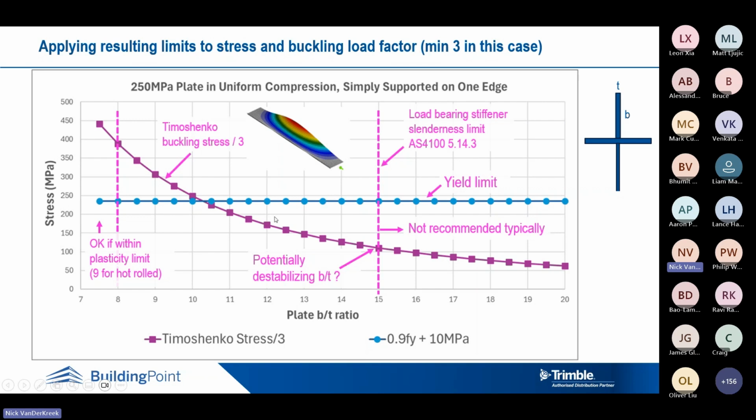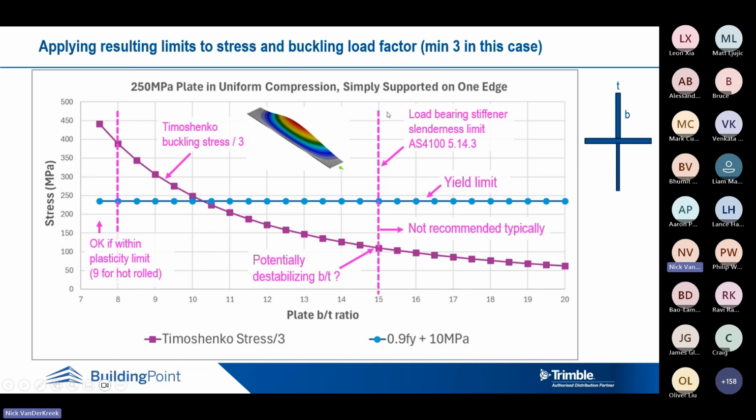So I thought maybe sometimes if we have a flange outstand that is a little bit wider than a compact type situation, that this might try to destabilize the other plates, the connected elements and so forth.